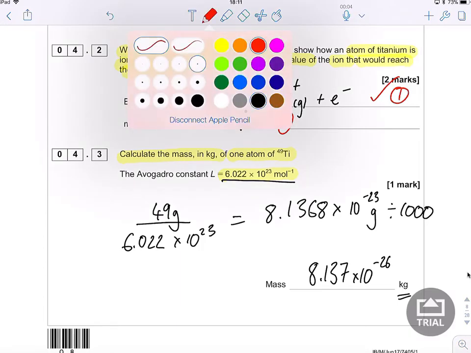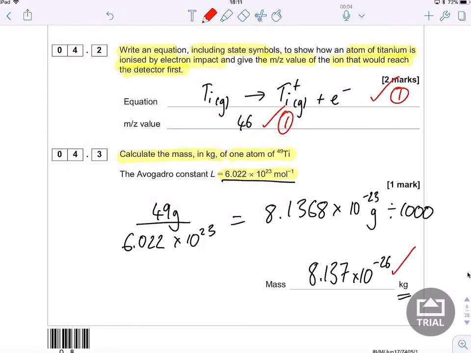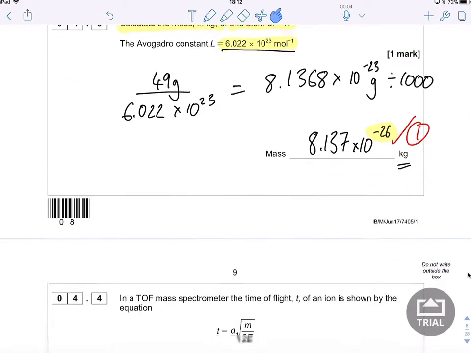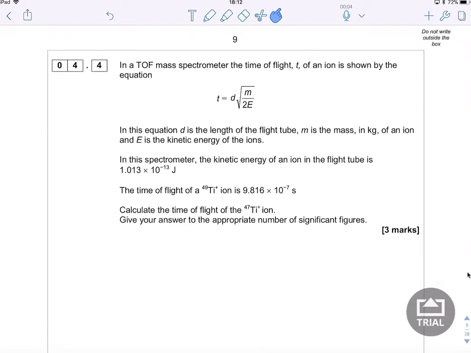Okay, with this kind of question, you just need to check the size of your answer and think to yourself, does that look about right for the mass of an atom? And it should be a really tiny number. If you've got a massive number there, what you've probably done is got this calculation the wrong way, and you just need to double check that bit. So yeah, 1 mark for that. That's quite a tough mark to get, but very manageable.